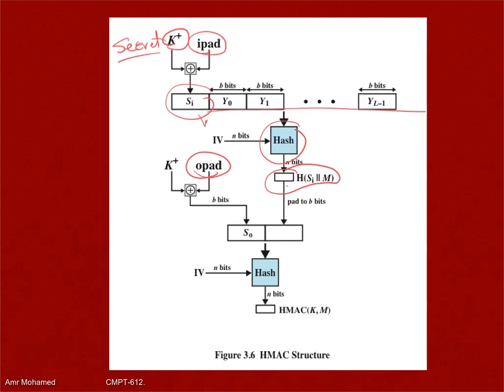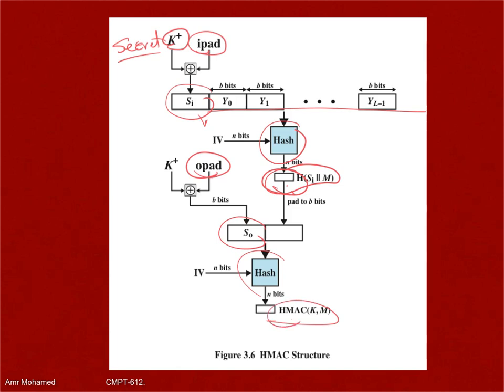Then it uses that as a message and adds to it the other part of the key, and uses the hash again to produce the HMAC.